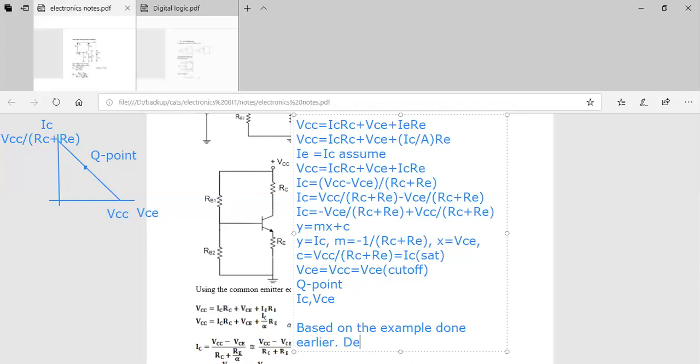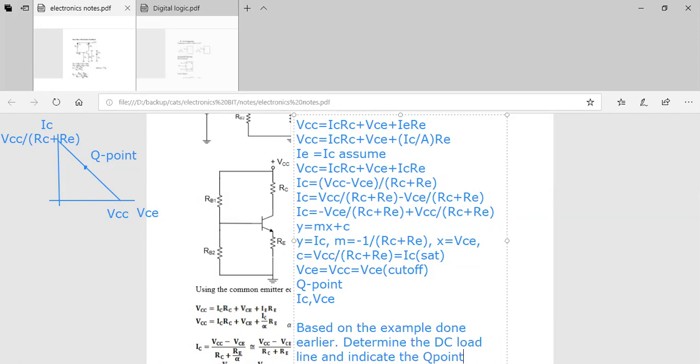Determine and draw the DC load line, and indicate the operating point, which is the Q point. Which example am I talking about? The one we just did.